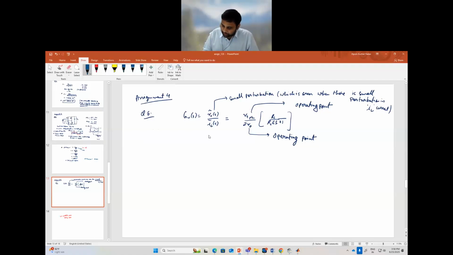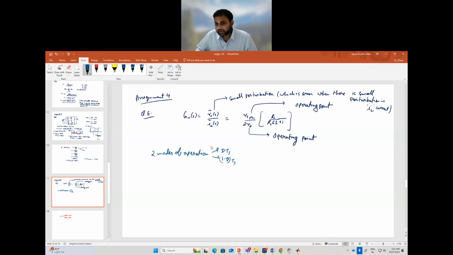The answer to that is simple, because if you look very carefully, for GI of s you have two modes of operation. Two modes of operation happen during the D of t Ts period, and the 1 minus D of t Ts period. That means you have two different circuits which come into the picture during the D Ts period and the 1 minus D Ts period. That means the voltage applied across the inductor is different.